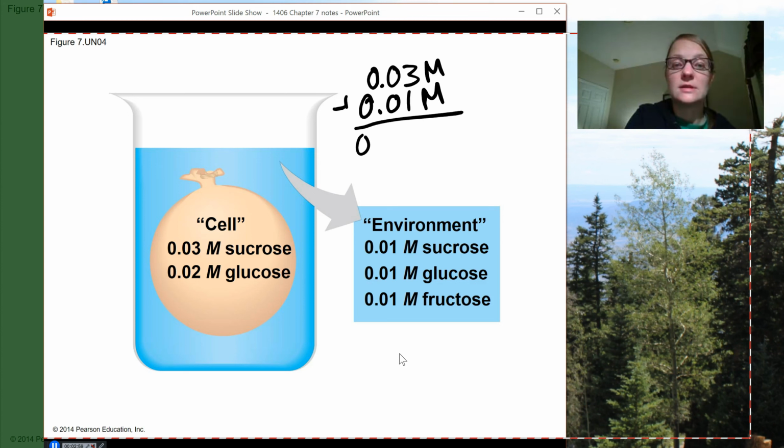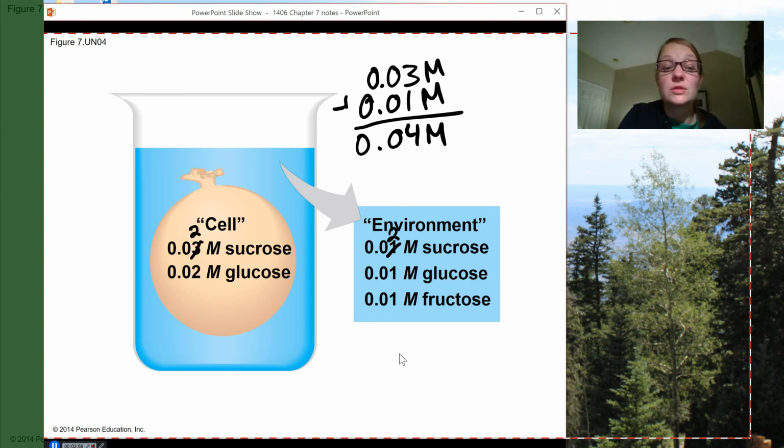Right, in this case we get 0.04 molar as total, and then we would just split that concentration between the two solutions. So inside the cell we'd end up with 0.02 molar, and on the outside we would also end up with 0.02 molar sucrose in both cases, and that particular solute has reached equilibrium.